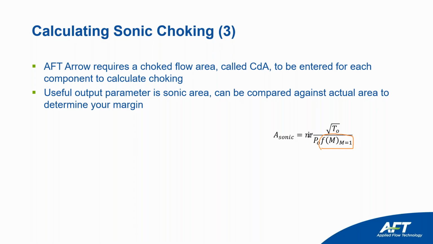And so when you rearrange that choked mass flow rate equation, you can calculate your sonic area. The reason why this parameter is helpful is because it can help you determine your margin between if you are sonically choked or if you are not sonically choked.